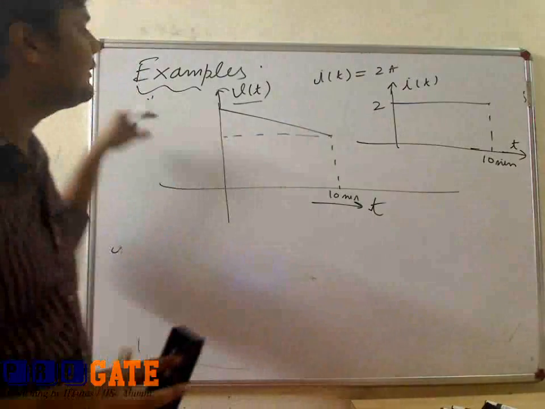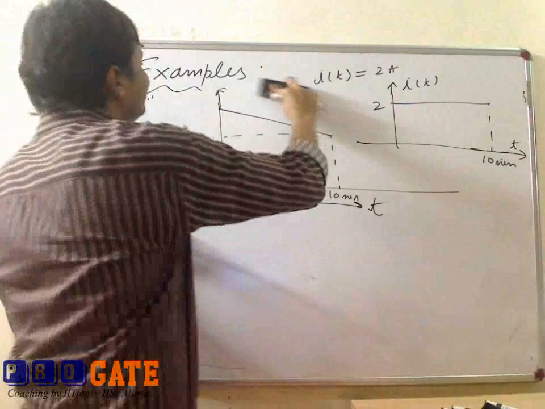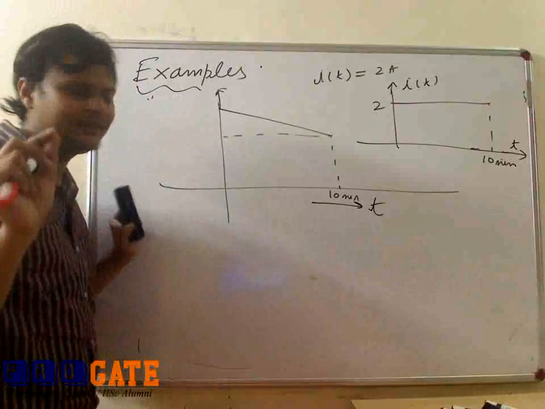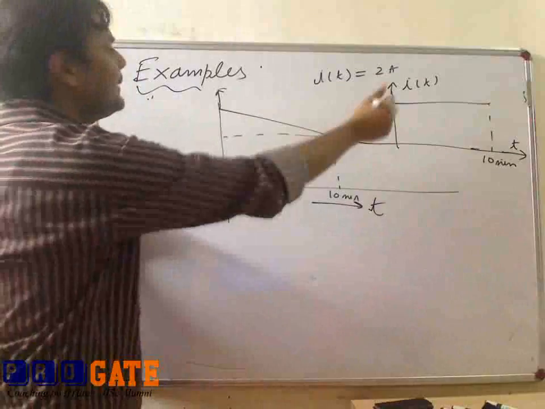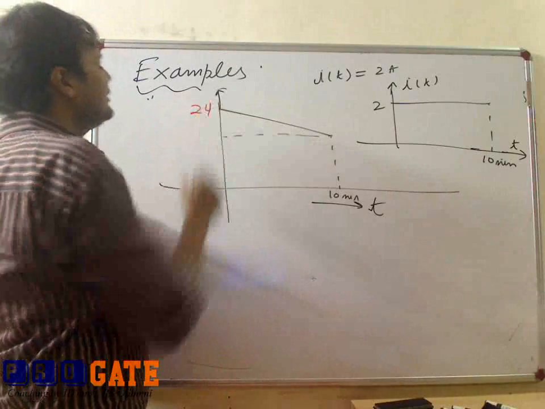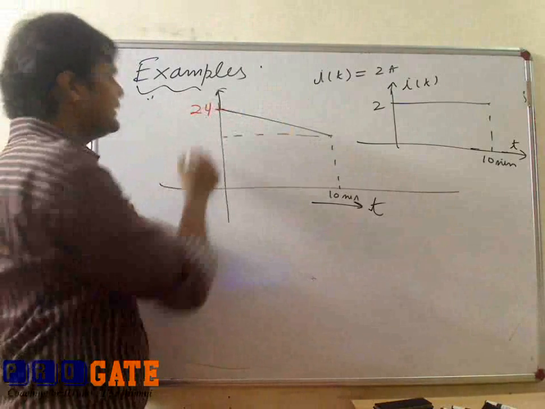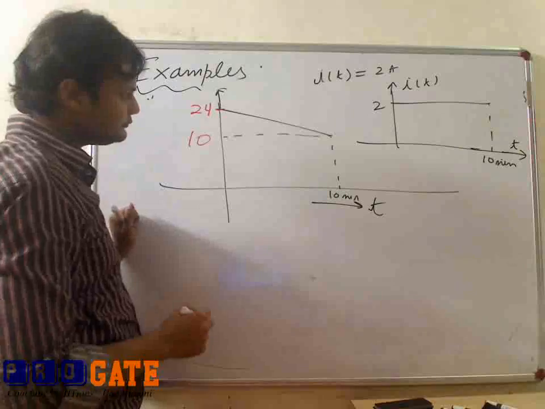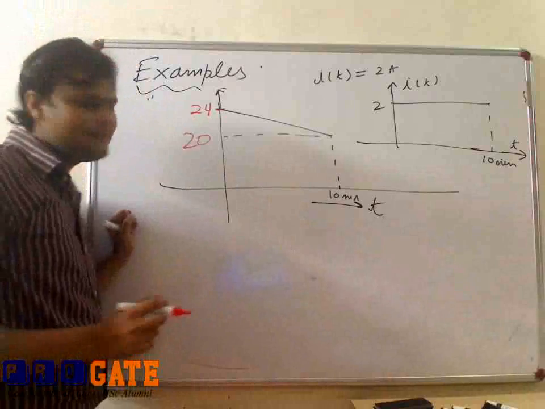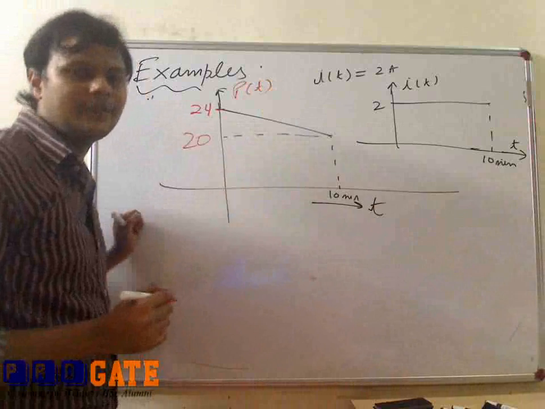Again, you are multiplying by a constant, so the shape of the graph will not change. Only the slope will change, but this decaying shape will remain as it is. The voltage here was 12, 12 into 2 is 24, and this was 10, so after multiplying by 2, it will be 20. So this will be the curve for instantaneous power.